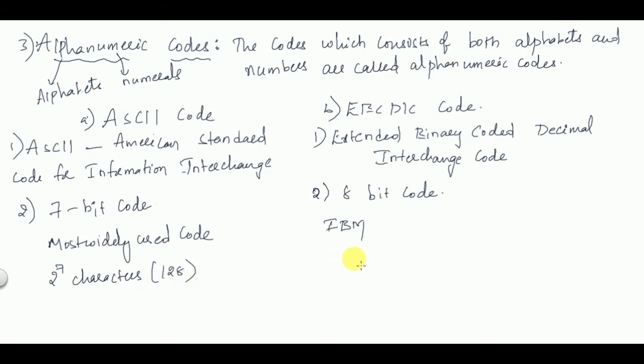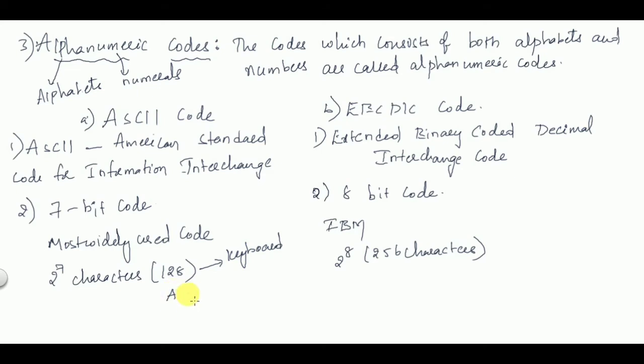Since EBCDIC is an 8-bit code, it has 2 power 8, that is 256 characters. The keyboard also uses ASCII code only.